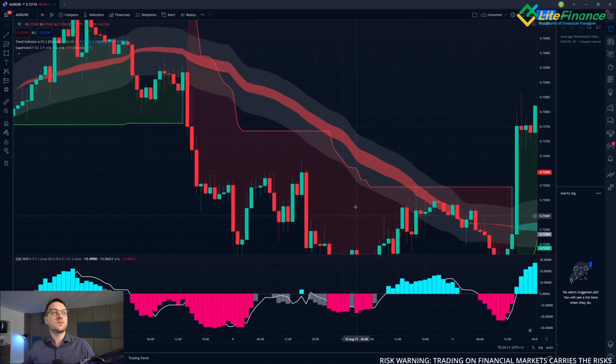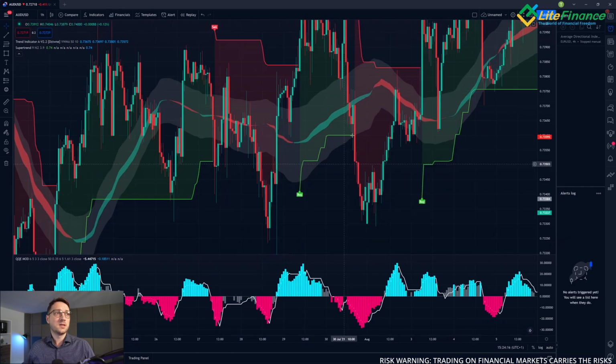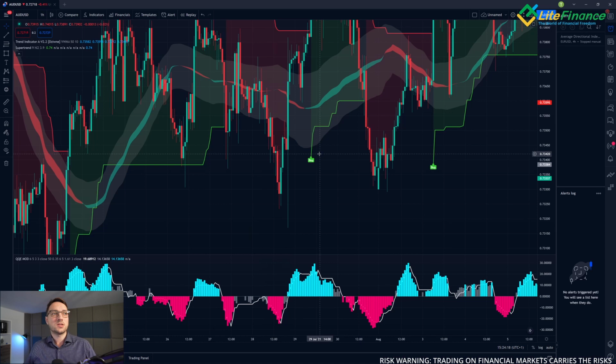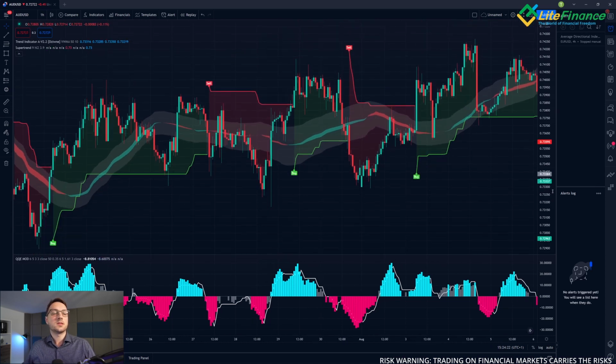So you can see it filters some of the false signals. But you need to watch out when the price is ranging and there is a tight range, meaning the price is bouncing inside the ribbon. It is also very risky to take a trade at that moment.